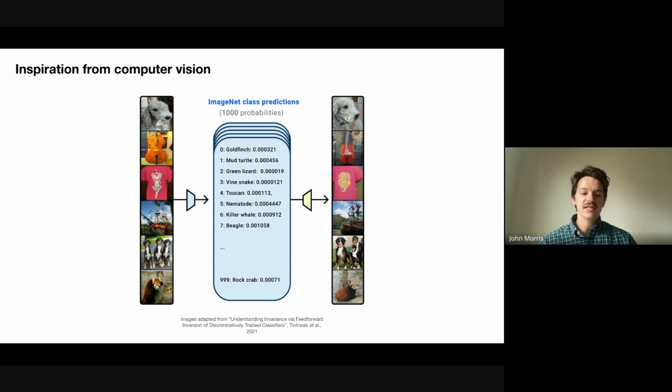I'm really convinced by these outputs on the right, like the ship and the multiple dogs of a certain breed, that there's a lot of information in these 1,000 numbers. If we come back to the language modeling case, language models produce a distribution over a token vocabulary, which is usually 50 times larger than this, maybe 50,000 tokens, or 30,000 tokens, or 100 times larger.